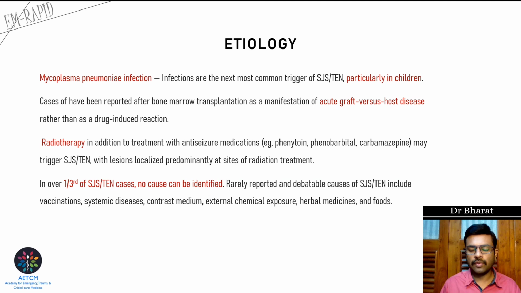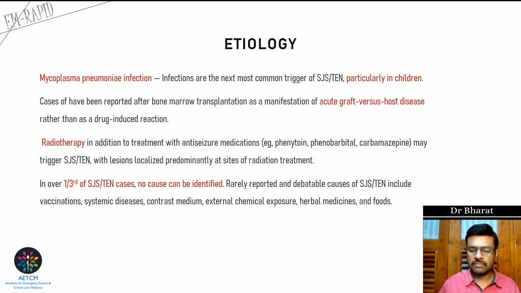Radiotherapy for cancer patients can produce SJS/TEN, with more chances if the same patient is under treatment with anti-seizure medications like phenytoin, phenobarbital, and carbamazepine. Usually the lesions of radiation-induced SJS/TEN will be limited to the area of radiation rather than extensive epidermal involvement. And in more than one-third of SJS/TEN cases, no cause can be identified.